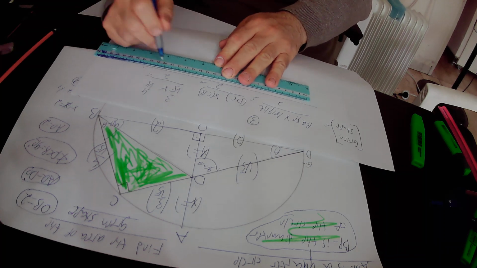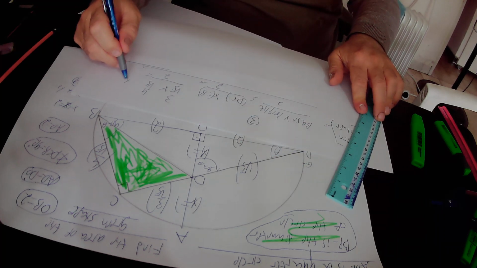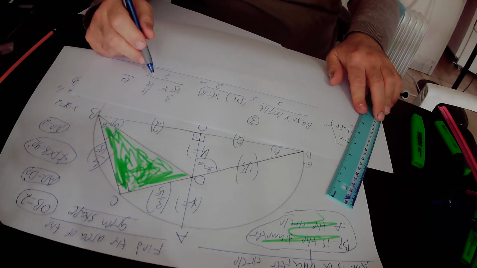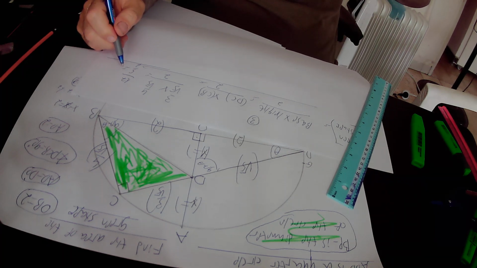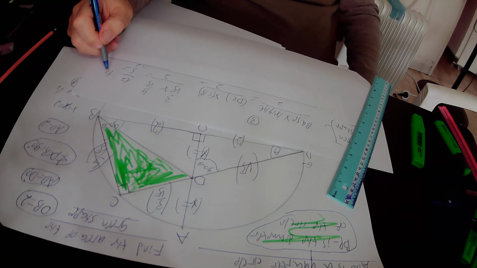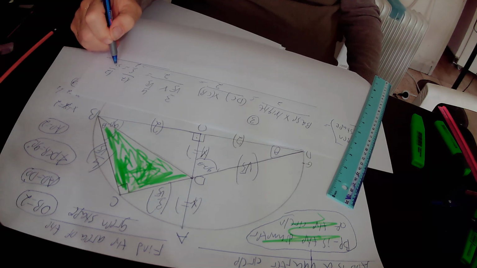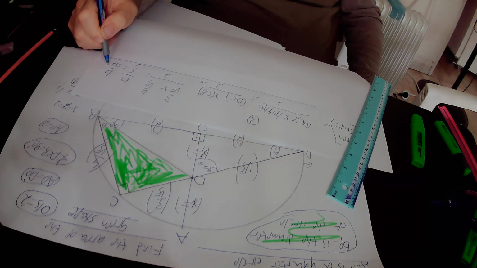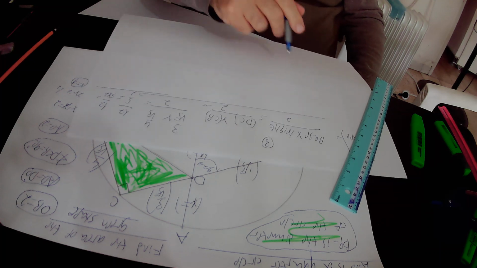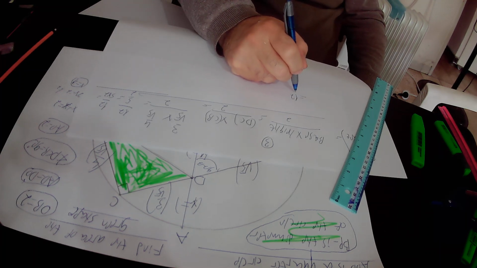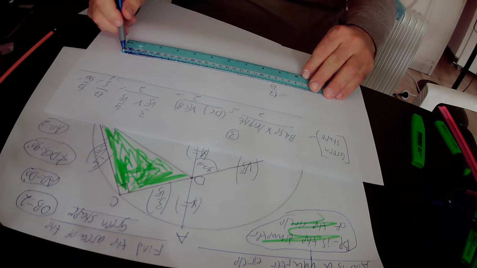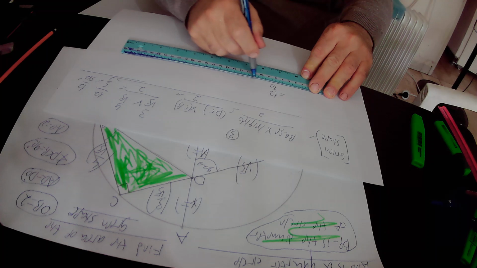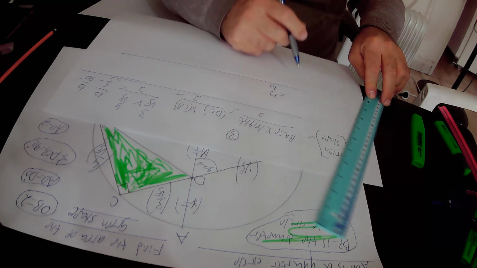So here we have 3 times 4 is 12 over square root of 5 times square root of 5 is 5, divided by 2. 12 over 5 over 2 equals 12 over 5 times 2. So it equals 12 over 10. So the area of the green shape equals 12 over 10 square units.